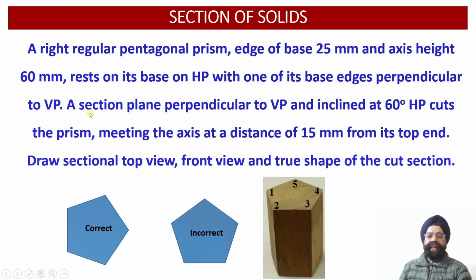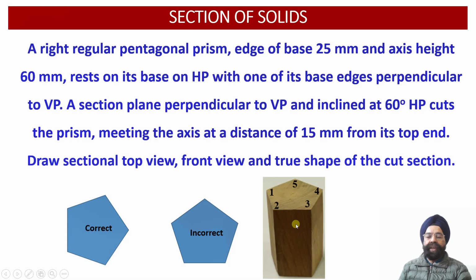Now we know that a section plane perpendicular to the vertical plane and inclined to the horizontal plane at an angle of 60 degrees cuts the prism, meeting the axis at a point 15 millimeter below the top face of the prism.